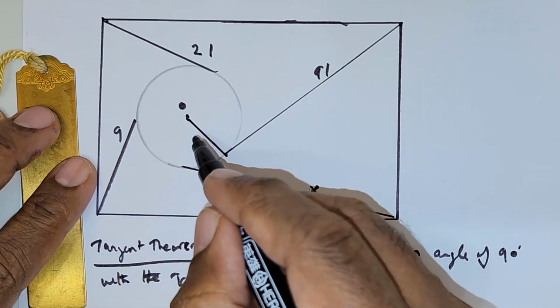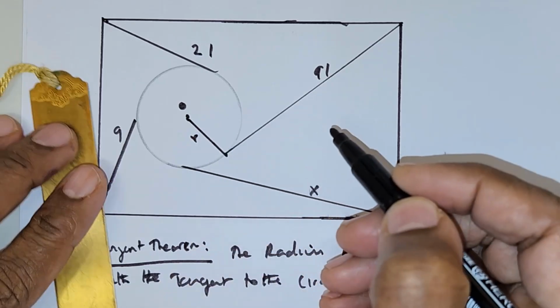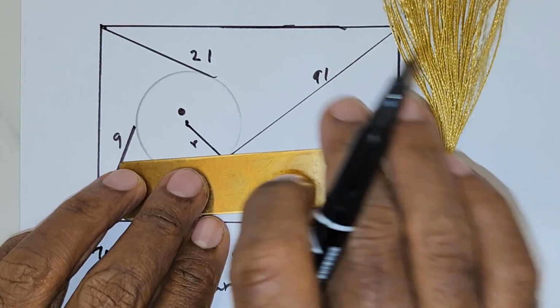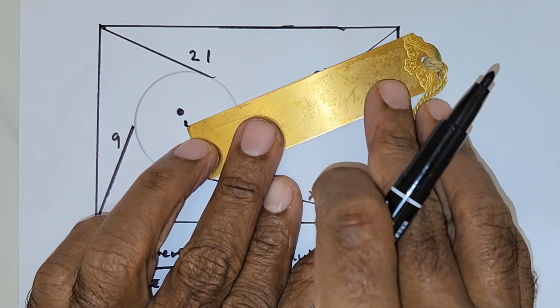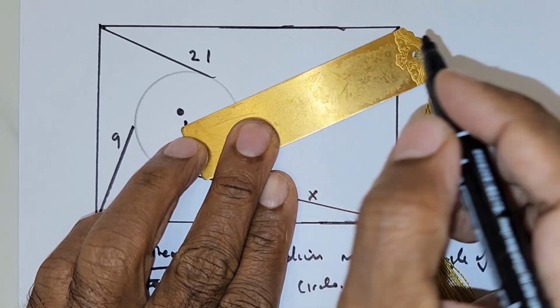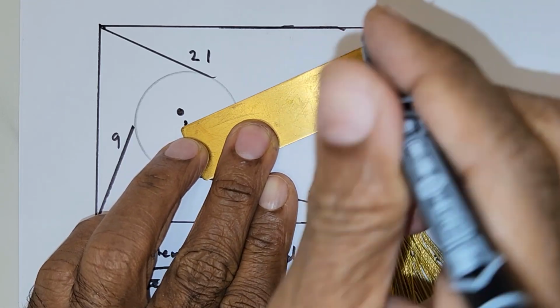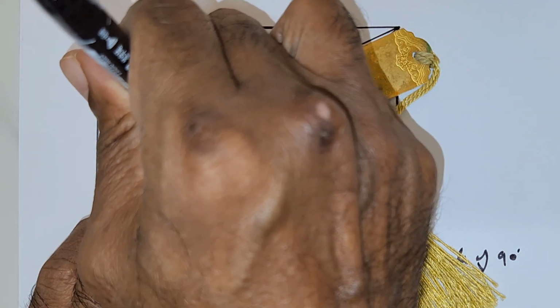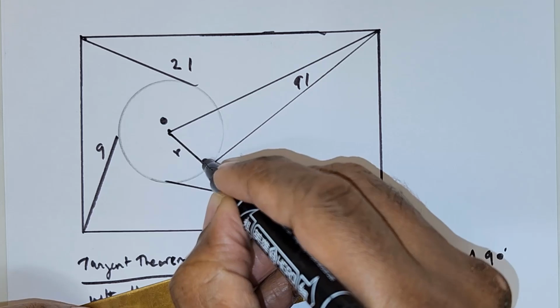Okay, so this is obviously the radius r. Next, what I wish to do is connect the center of the circle to the vertex. So clearly this is a right triangle.